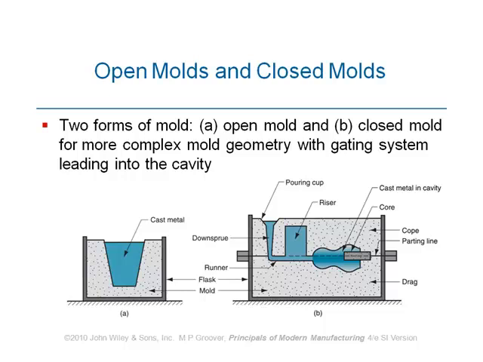Well, we have got a downsprue and the gate mechanism which provides the possibility of pouring the molten material from the top here into the pouring cup. Then it leads the molten material into the cavity. And there is a riser here which is playing a very important role indeed.